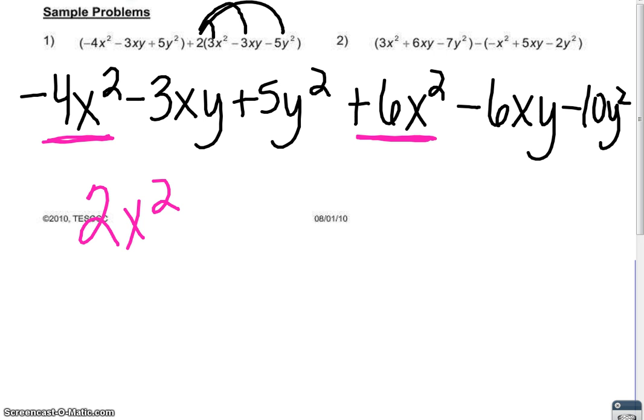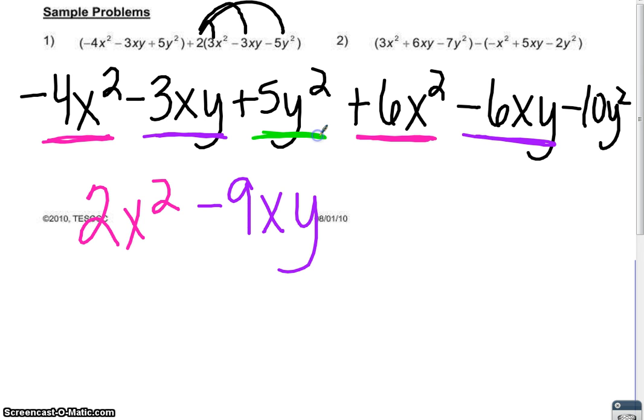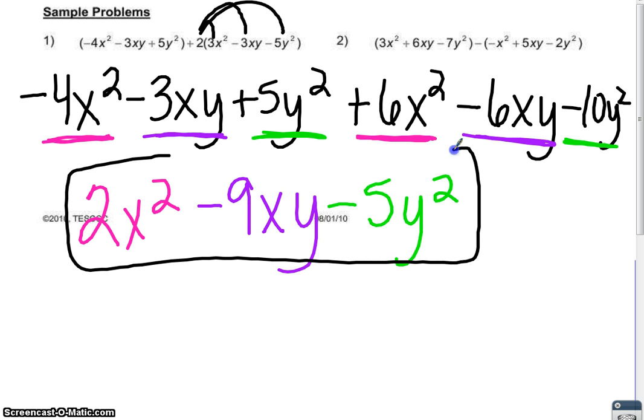The next thing I have is a negative 3xy and I have a negative 6xy. So when I put those together, I have minus 9xy. In my last term, I have a positive y squared and a negative 10y squared. So I have a minus 9y squared.